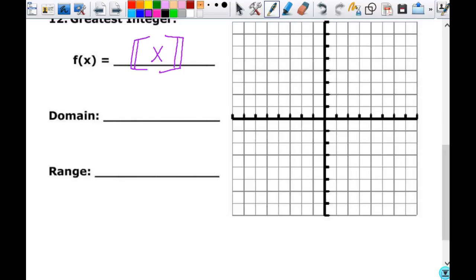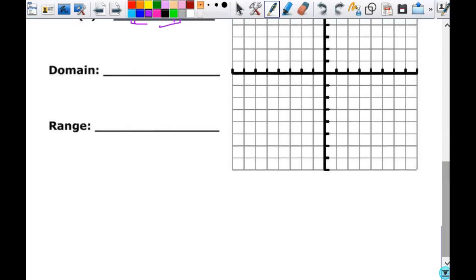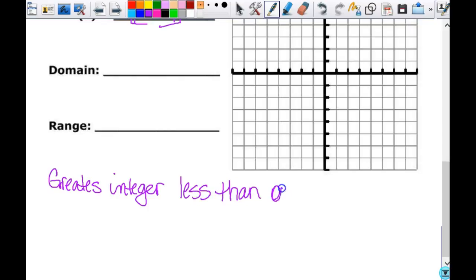I'm not rounding, because I can't fit that whole person on there. 34.2, 34.3, 34.4, all of those would be 34, because the words that I want you to write down with this is that a greatest integer function is the greatest integer less than or equal to x, or whatever it is that you're putting in there, okay?